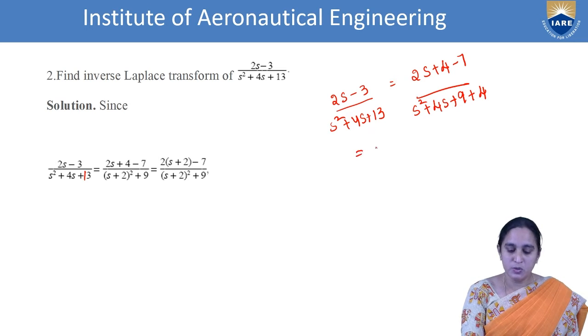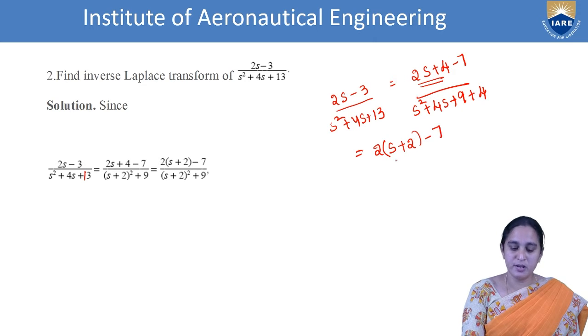That is 2s. Here what is common in the first part? 2 is common, that is 2 into s plus 2 minus 7 by, okay, here I am using one formula for the denominator, that is s square plus 4s plus 4 plus 9.